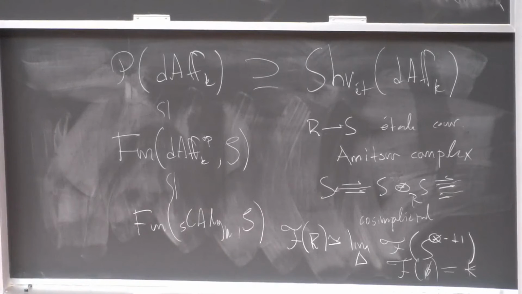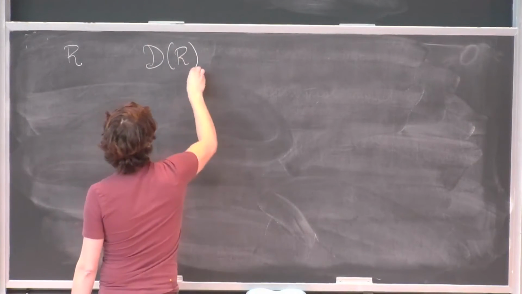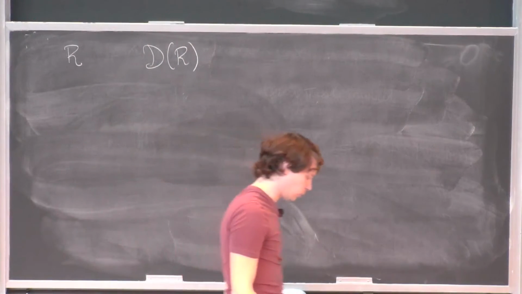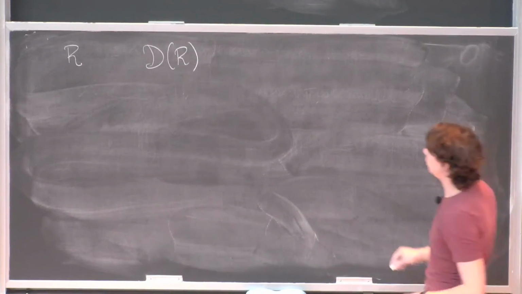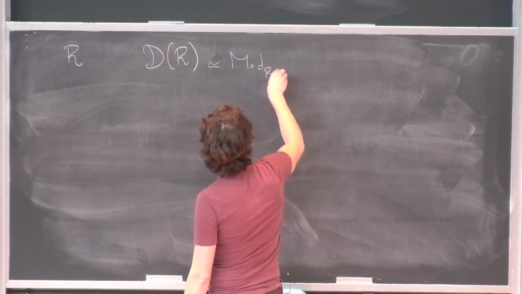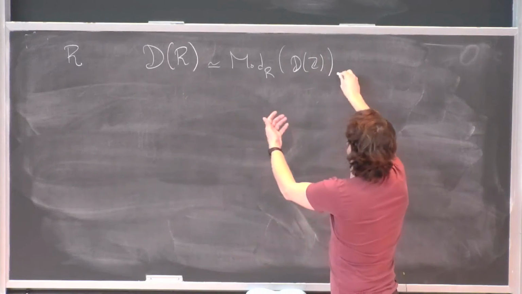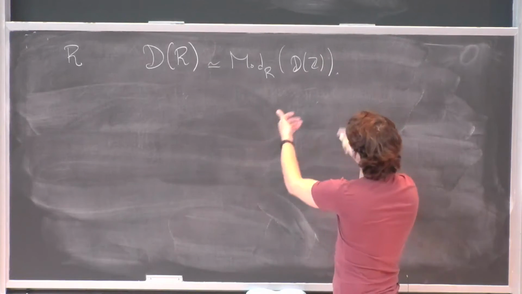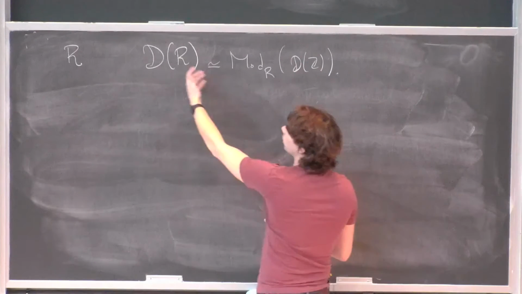OK, so what does it mean? Suppose I have a simplicial commutative ring R. This has a derived category of R-modules, which we haven't yet talked about. But more or less, this is going to be modules over R in the derived category of the integers. We have to be careful how we do this. It's important to view this as an infinity category or DG category.